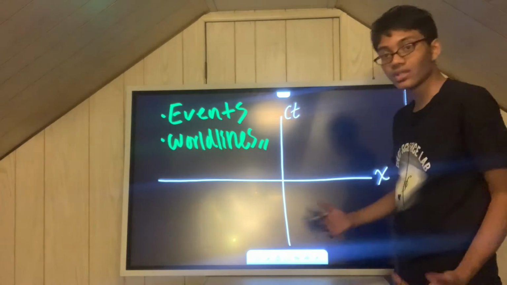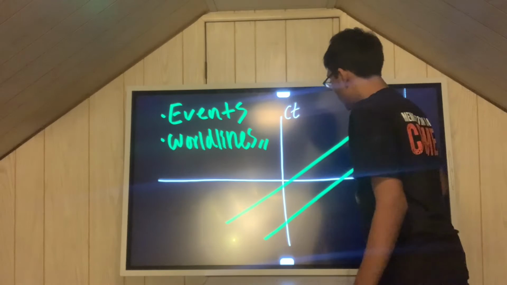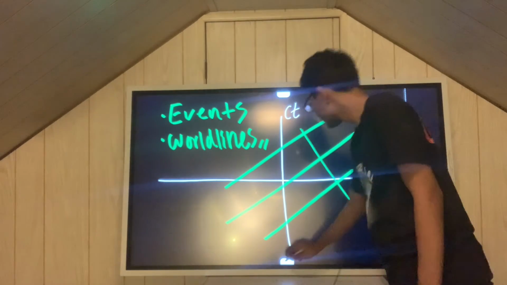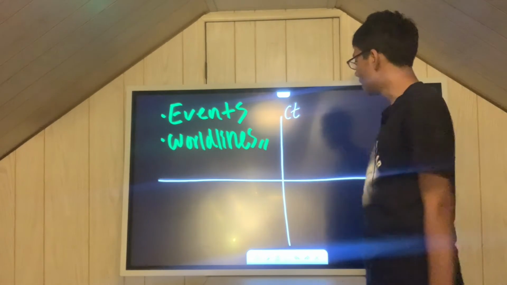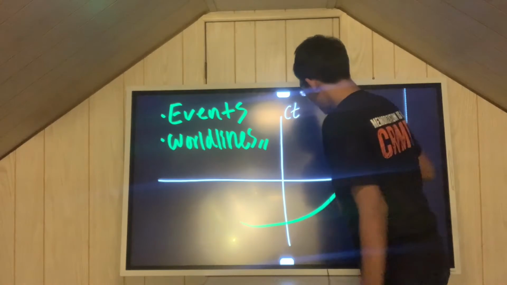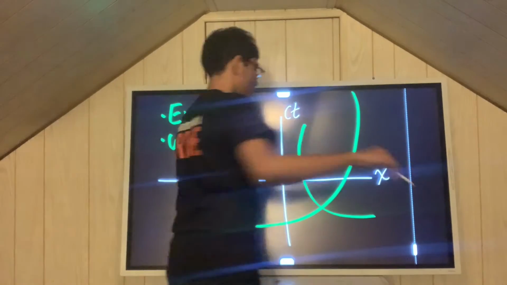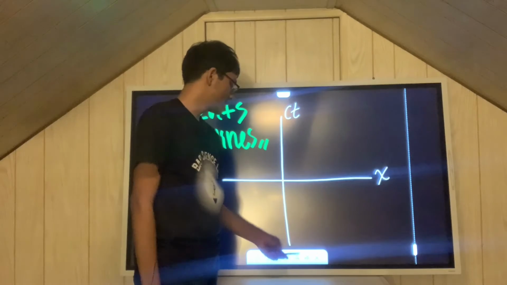If you have a constant velocity object with a non-zero velocity, it's going to have a linear world line, just like that, or even that. And finally, if you have an object that's accelerating in space, you're going to have a curved world line, something like this, or that. So those are just some examples of world lines you could have.